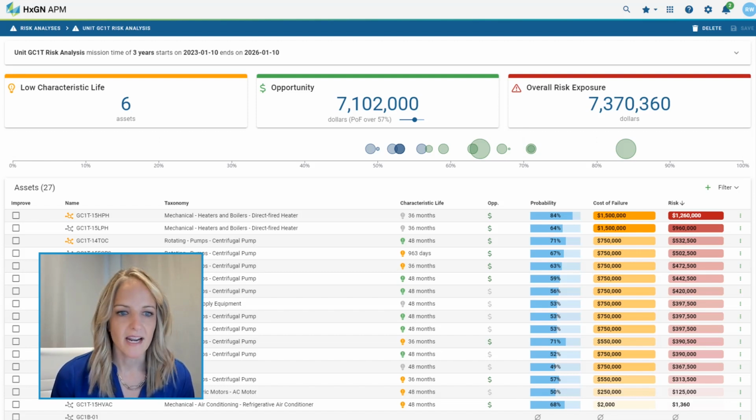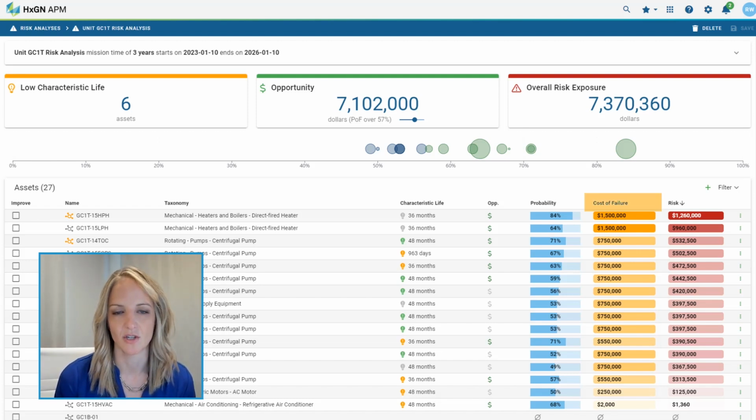You can quickly identify the number of assets which are underperforming or performing below industry standards. So in this case, we're assessing 26 assets, and 6 of them have a lower than expected characteristic life. We also roll up the worst case consequence of failure in terms of both labor and material costs, which are usually found on the work order.